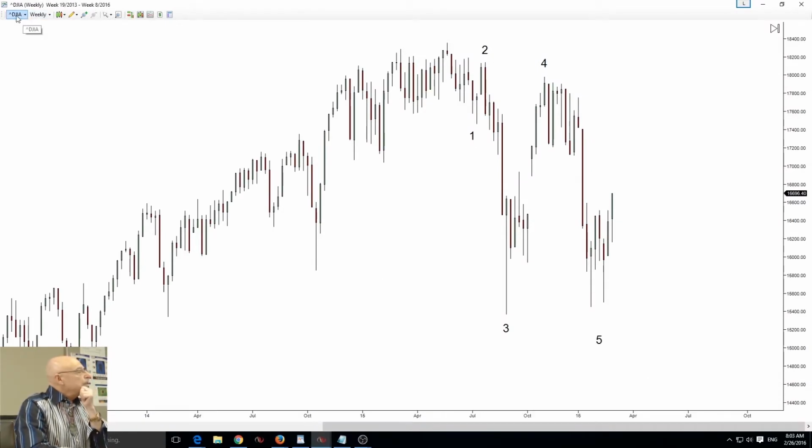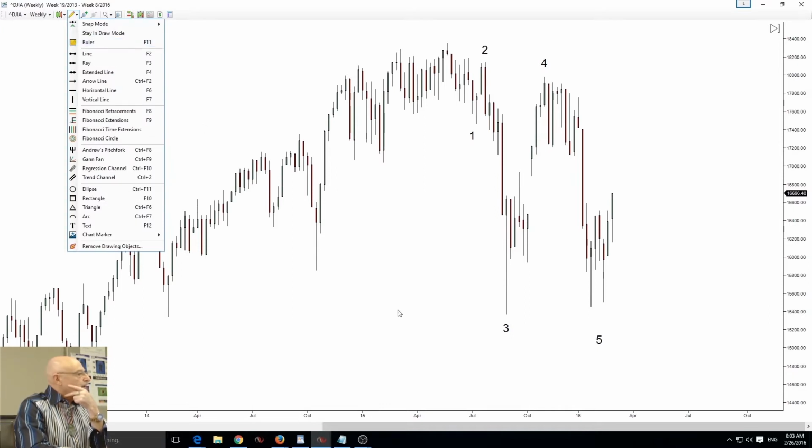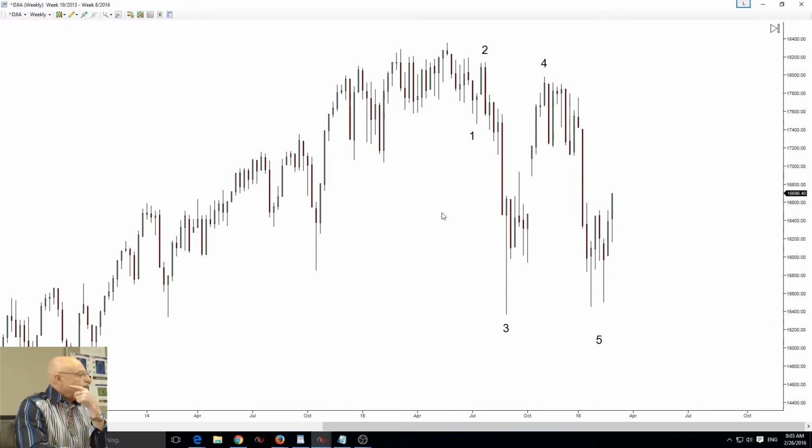It's a Dow Jones Industrial Average weekly chart, 1 2 3 4, and assume here is a 5. So what does it mean? First of all, we are in a bear trend. We're still in a bear trend, despite we're going to advance higher from that low. Just make a note.